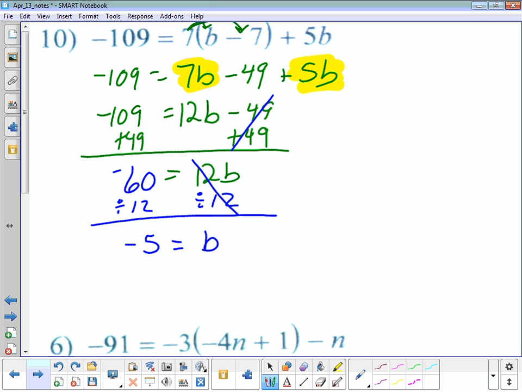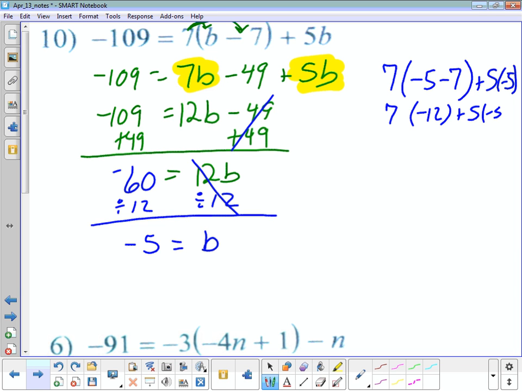So once again, I'm going to check this. I've got 7, and I need to take a negative 5 minus 7, and then add 5 times negative 5. Okay, negative 5 minus 7 is a negative 12. 7 times negative 12, and then I got 5 and negative 5. So order of operations is I got to do my multiplication first.